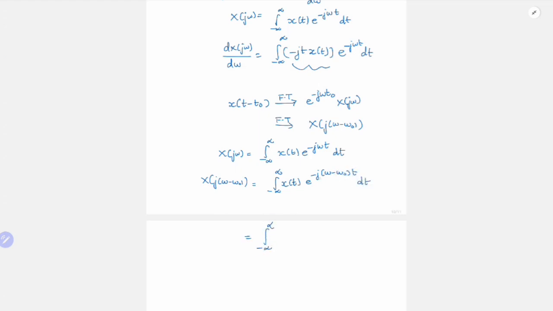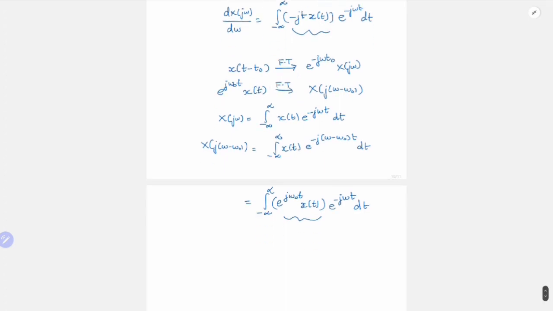So we can take this term e power j omega naught t, that is, e power j omega naught t x of t into e power minus j omega t dt. So this is the time domain counterpart. So this will be e power j omega naught t x of t, right?